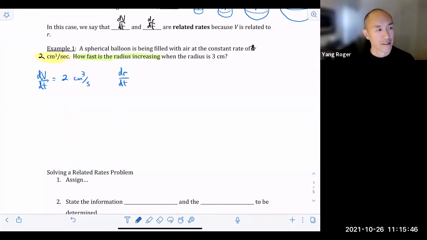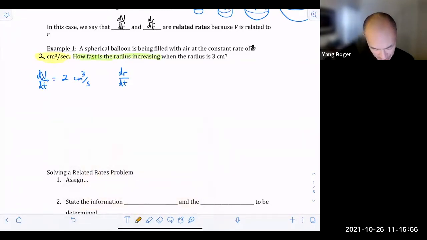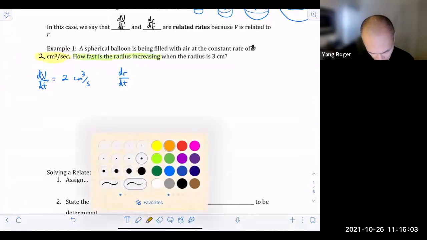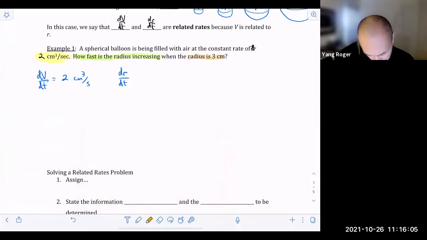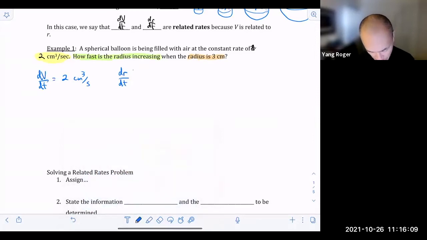Does that make sense? So they're not just asking me dr/dt in general, they're asking at a specific moment in time. They're asking how fast the radius is increasing when the radius is 3. The way I express that is I put a little vertical bar and say r equal to 3 centimeters.